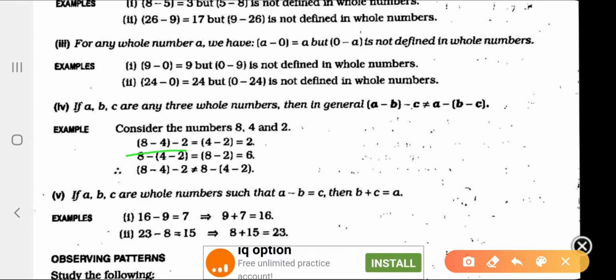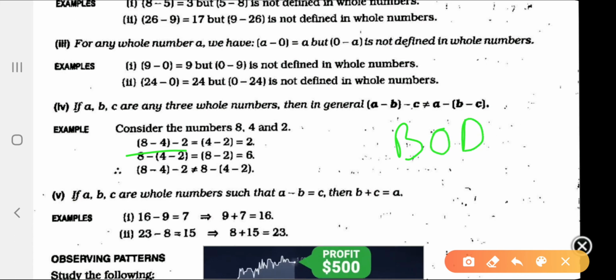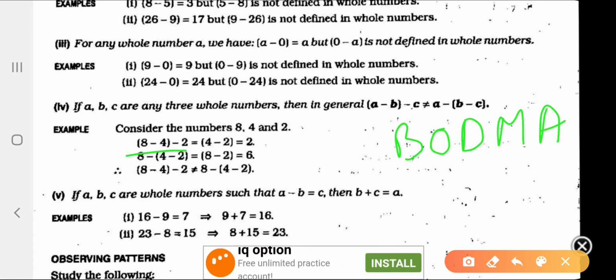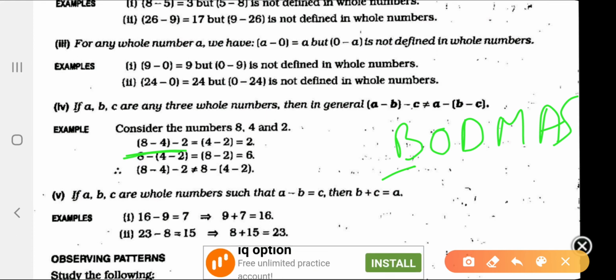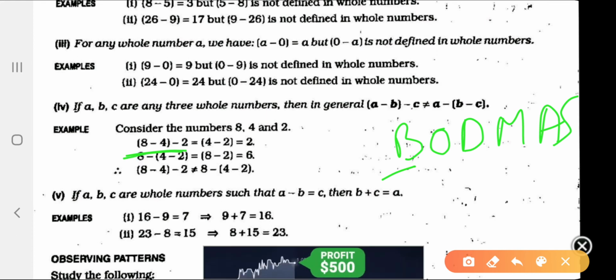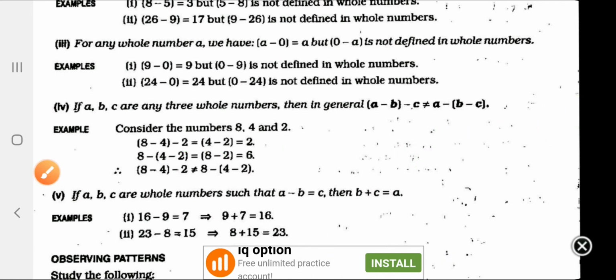8 minus 4 minus 2. I have already told you that using BODMAS you have to do any sum. BODMAS means first bracket, so we have to solve the thing inside the bracket first. 8 minus 4 is 4, 4 minus 2 is 2. Now in the next, we have associated 4 and 2 together, so 4 minus 2 would be solved first. 4 minus 2 is 2.